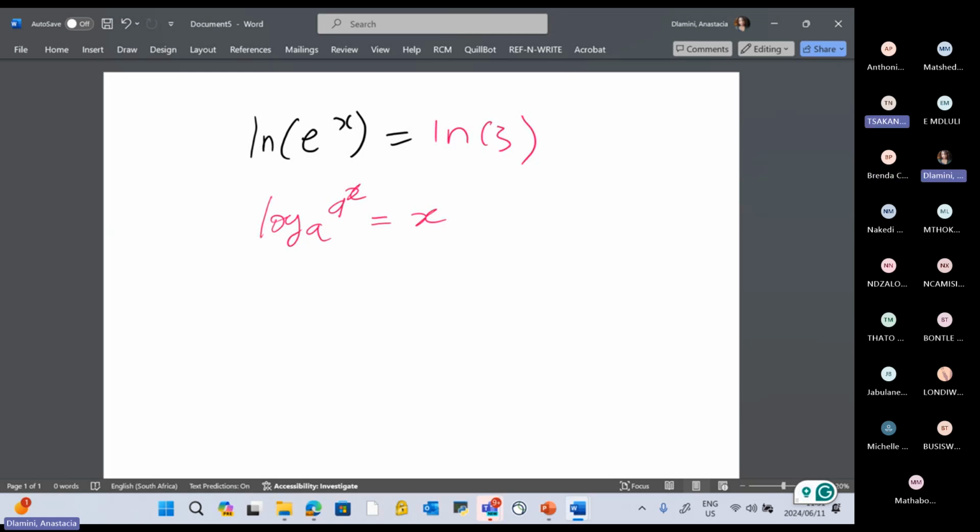Yes, ma'am. Now we are saying that our answer is e to the power of x equals 3, right? Now we use log instead of ln. Let's see what happened.